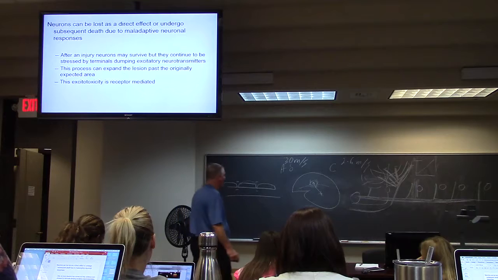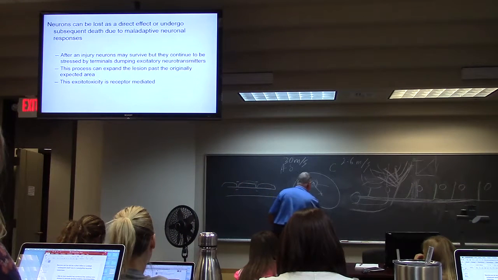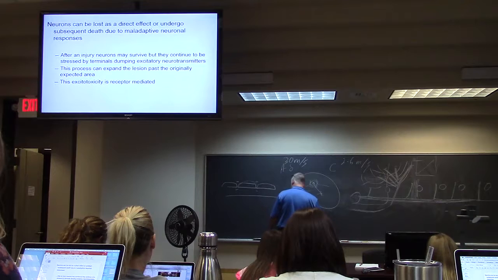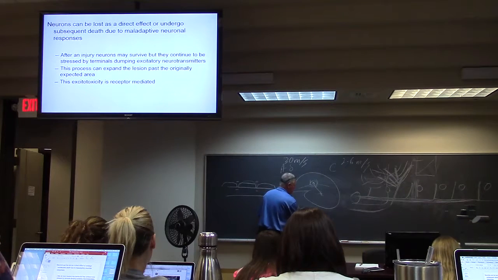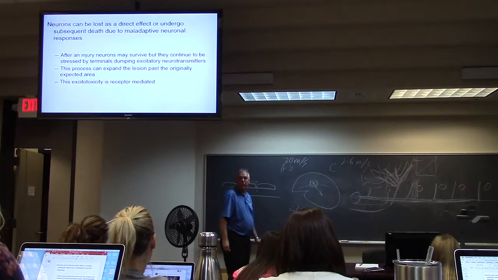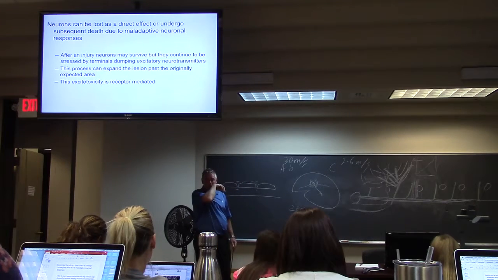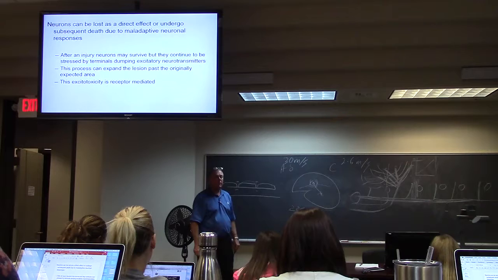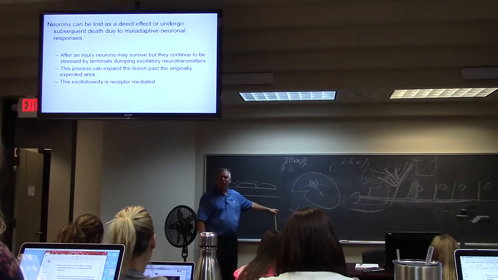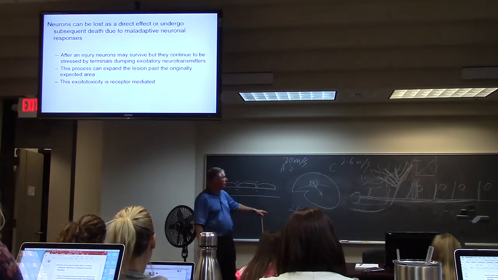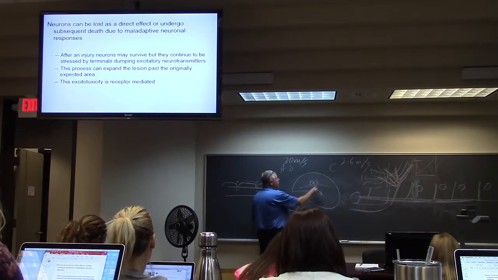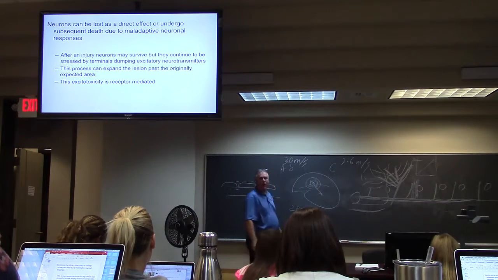Now, a lot of times during a stroke, and we'll talk about strokes in detail later on, the blood pressure will be elevated. Huge elevations in blood pressure. One of the things in stroke treatment is to consider how far and how fast you need to drop that blood pressure. If you lower the blood pressure, you're going to lower the perfusion of this secondary area.